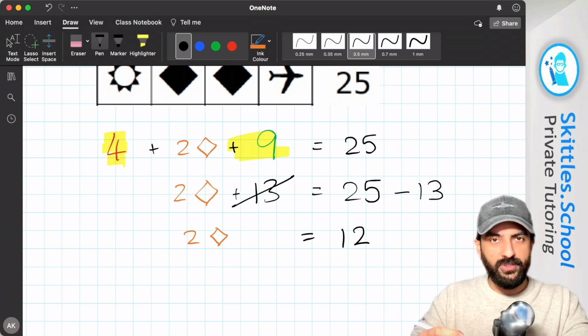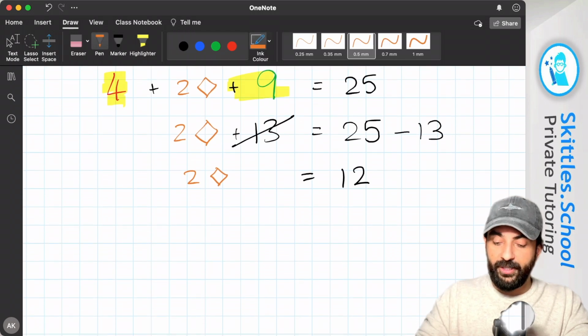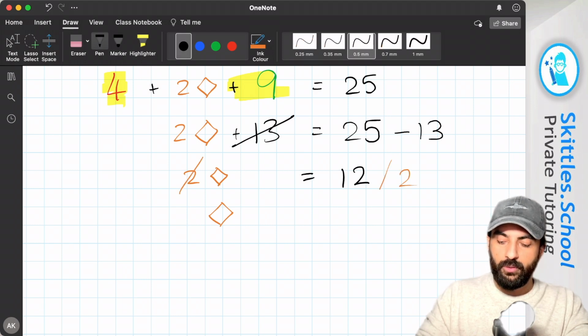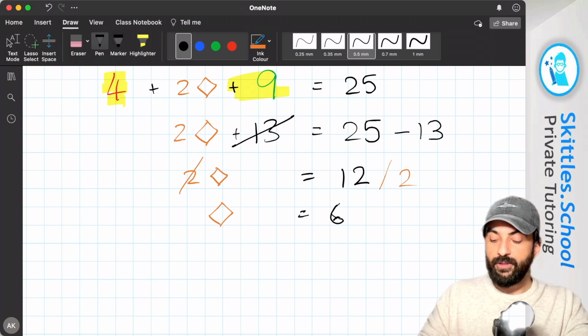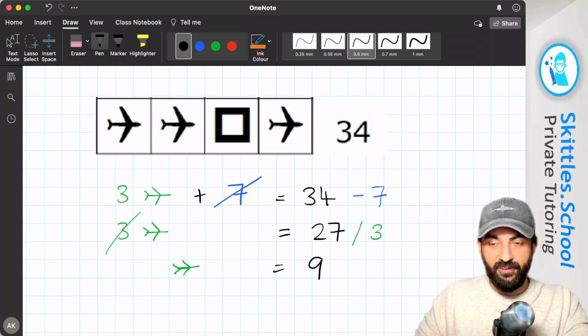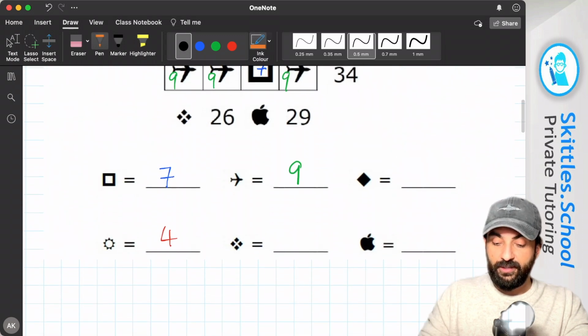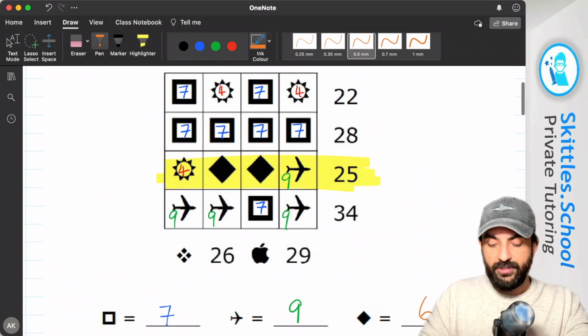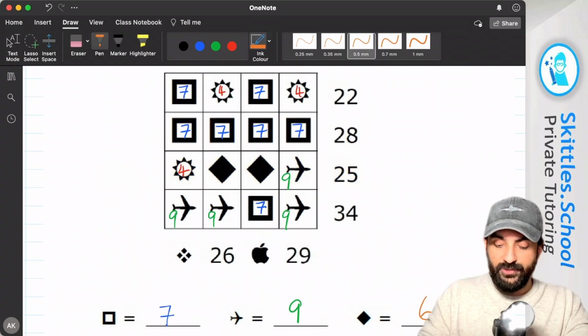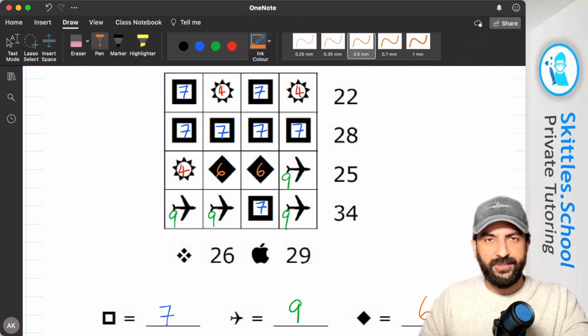So if 2 diamonds is 12, 1 diamond must be 12 divided by 2, which is 6. So now we can fill that into our answer. A diamond is 6. And I'm going to put this onto the grid as well. So each one of these diamonds is 6.